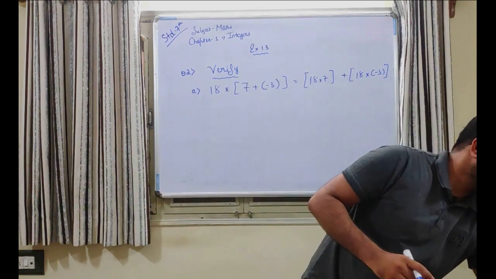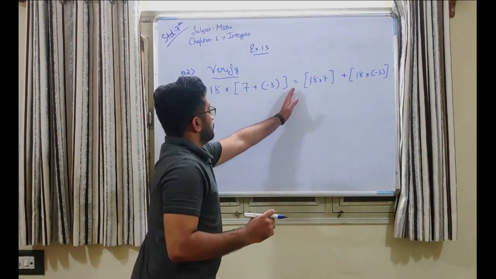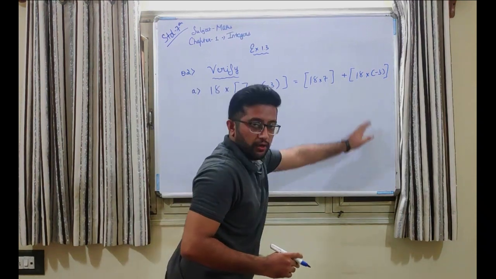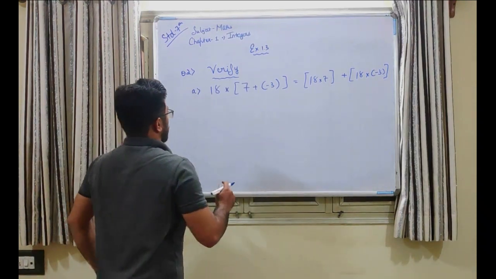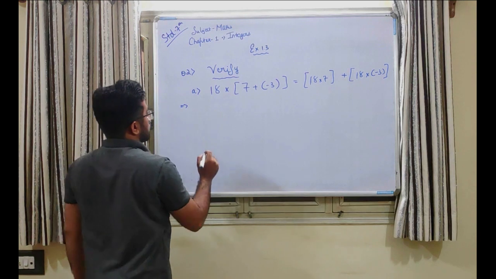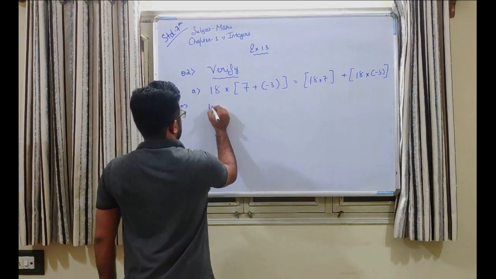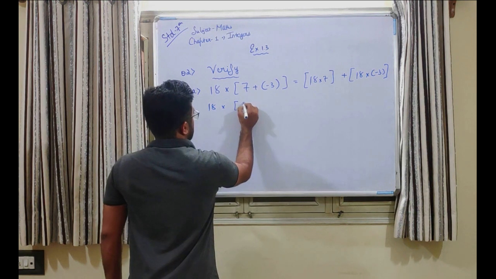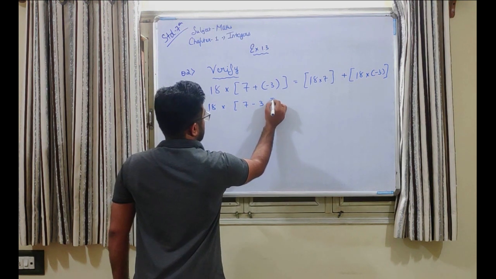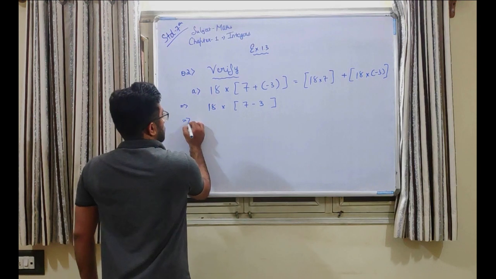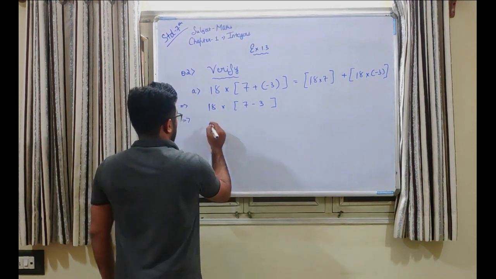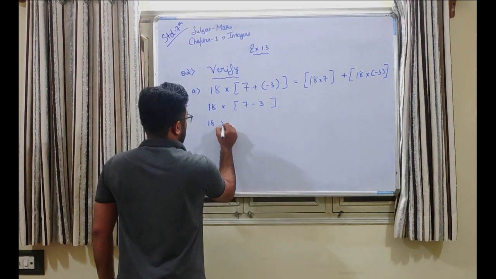So let us verify. First of all, we will solve the LHS, and then after we will solve the RHS. Verification means to prove. So let us solve first of all LHS. Solving the brackets first, plus minus minus, so there is minus 3. So plus minus minus, sign of greater number here is 7 and it is positive.